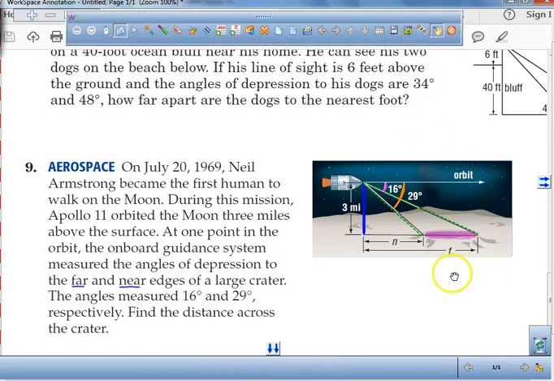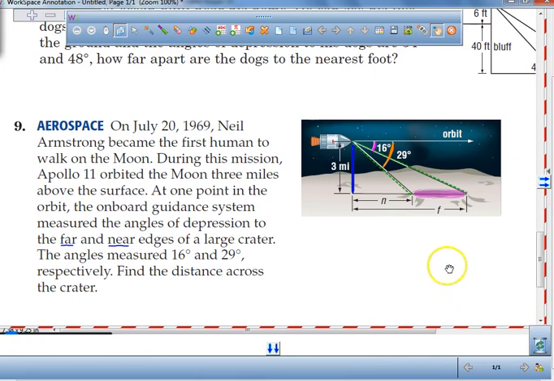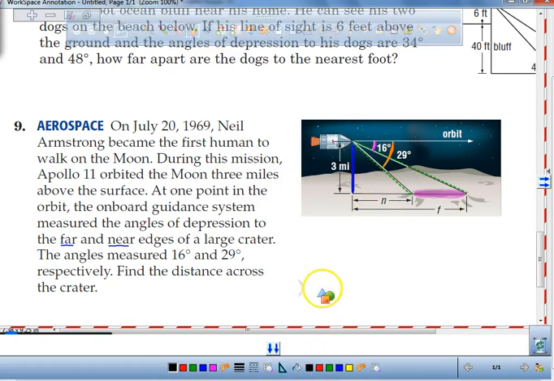Now, what I'm going to do is separate two triangles. Can you see this small triangle I'm tracing right now? I'm going to create that triangle right here. So that's this triangle.